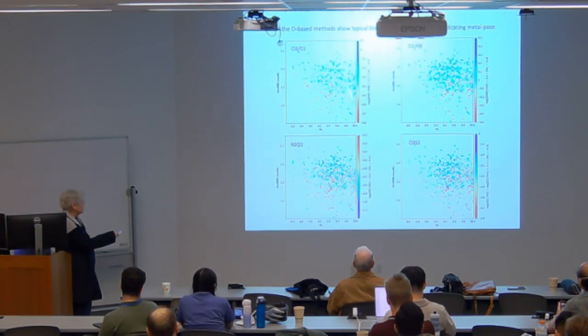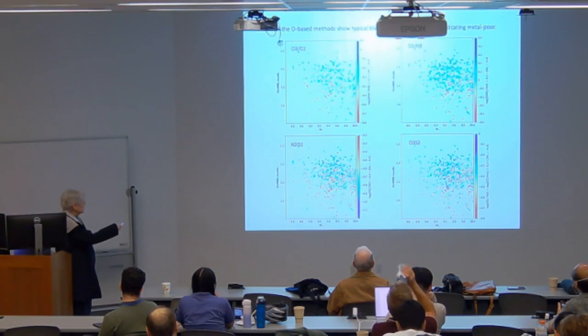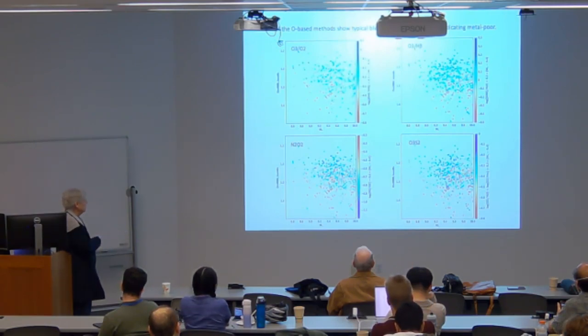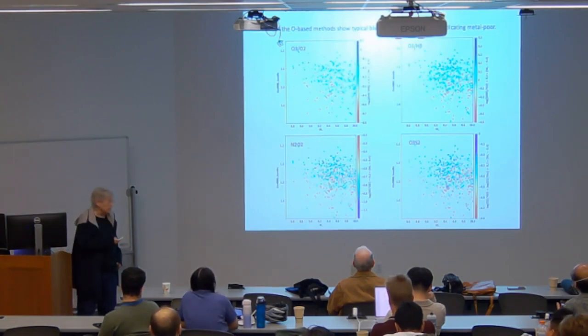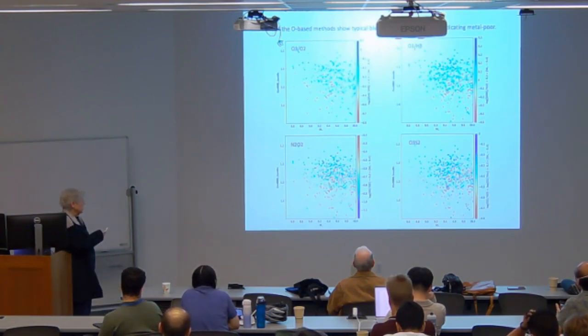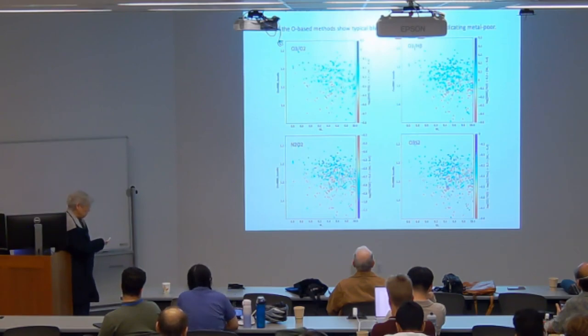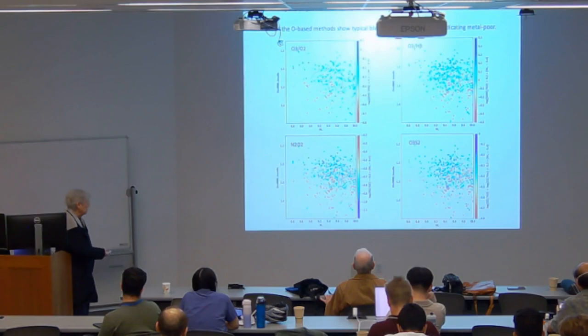This is the MaNGA data below a log mass equal 10. So through the main sequence, these are star-forming galaxies. From top to bottom, there is a trend in the MaNGA data that would agree with the fundamental metallicity relation if you use the oxygen abundances, or the oxygen line ratios more precisely.